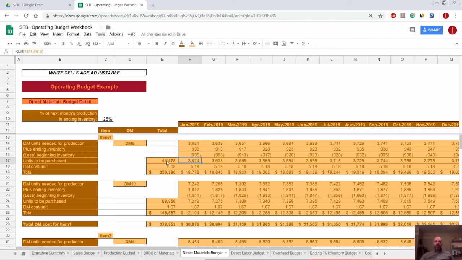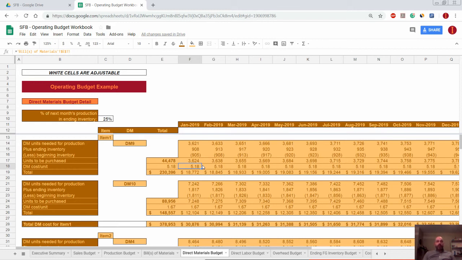Okay, the units to be purchased for each direct material, finished good, combination is a sum there, for informational purposes. Here's our cost. In theory, you could change this cost every month, but again, with a standard costing system, which is what a lot of manufacturers use.